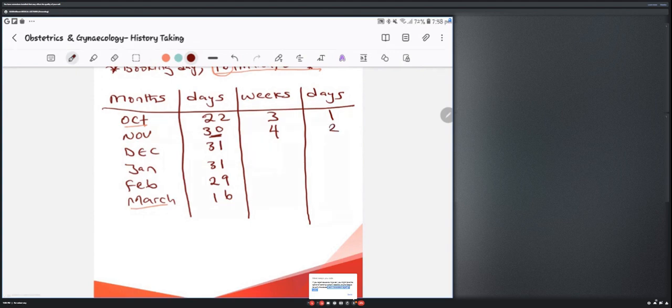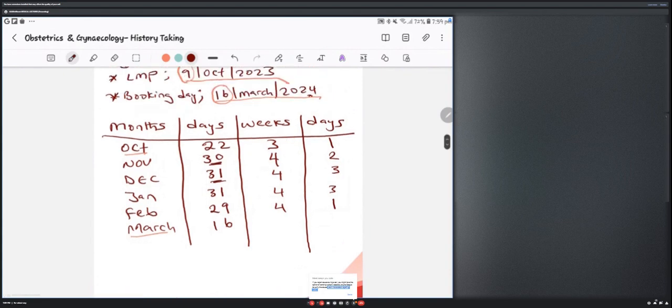For 31 days, how many weeks? 4 and 3 days. Exactly. The same thing with January, 4 weeks, 3 days. For February, how many? This February with 29 days, how many? 4 weeks, 1 day. Yes, 4 weeks, 1 day. But remember, this is because this is 2024 February.